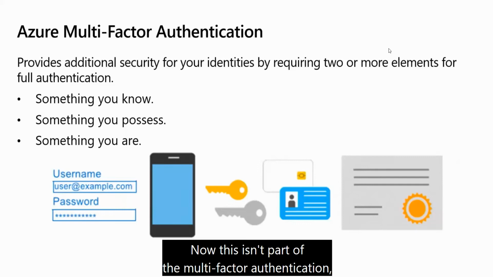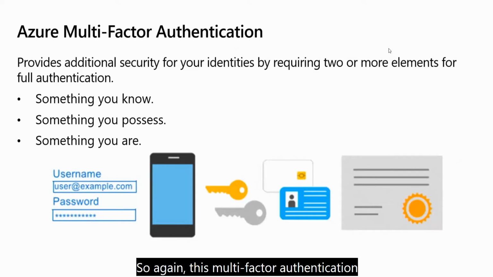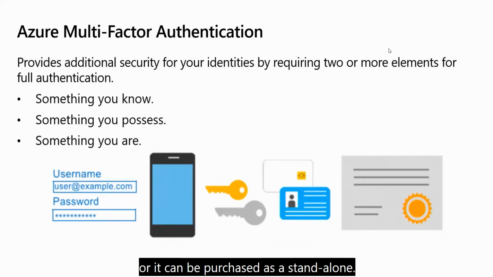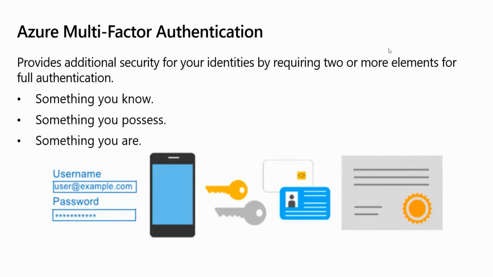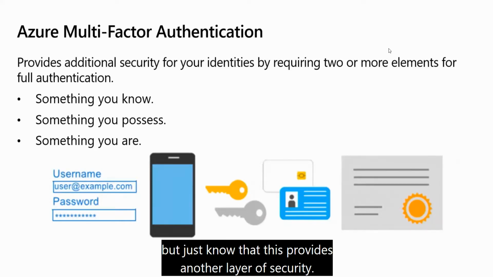Now, this isn't part of the multi-factor authentication, but to log into my phone, it has to scan my face. So again, multi-factor authentication just adds another level of security. You can use it as part of some of the other Azure service offerings, or it can be purchased as a standalone. So contact your Microsoft account rep to discuss more, but just know that this provides another layer of security.